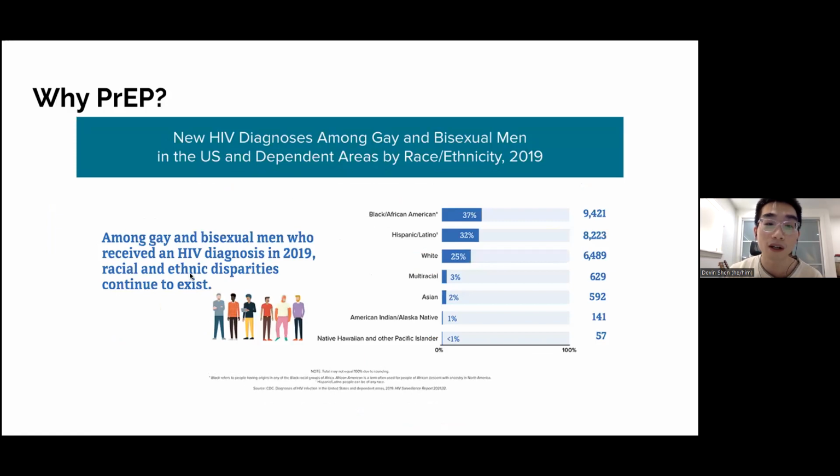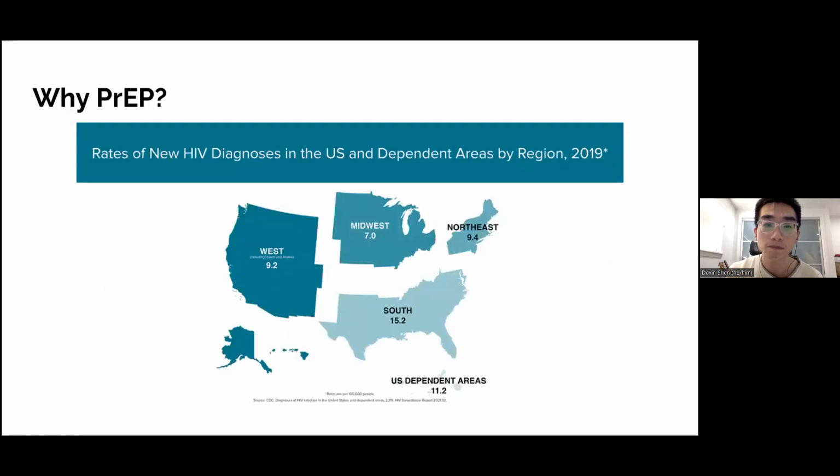In addition, among the gay and bisexual men who received an HIV diagnosis in 2019, racial and ethnic disparities continue to exist, with Black, African American, Hispanic, and Latinx people disproportionately affected by HIV incidence. Geographically, the American South and the US dependent areas also have a higher incidence of HIV in our country.